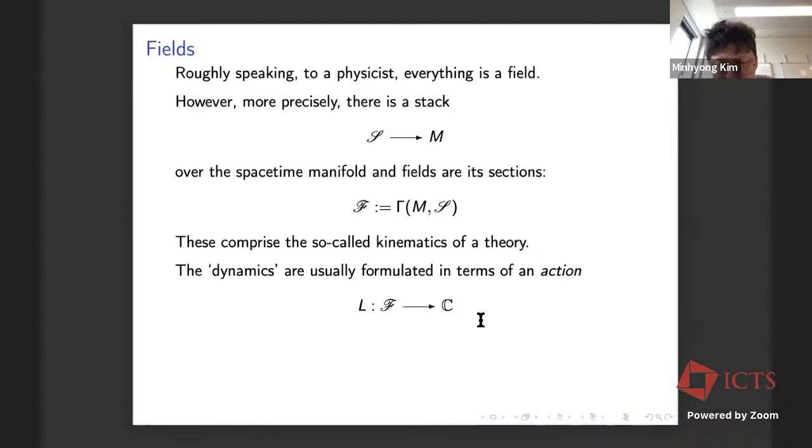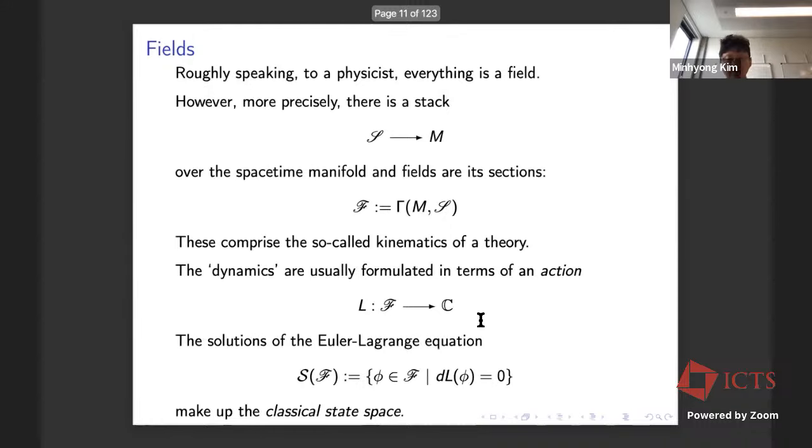And this captures the dynamics of the theory, because once you have such an action, you can look at its critical points. Those are points in the space of fields where the differential is zero. And this is called the classical state space, which comprises, from just a classical point of view, that is the coarse point of view, the possible states that the fields can actually be in real life.